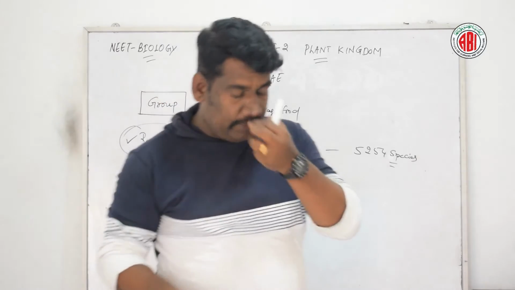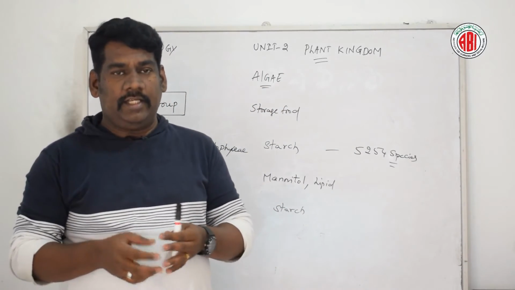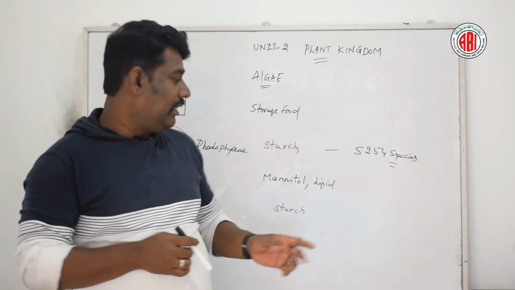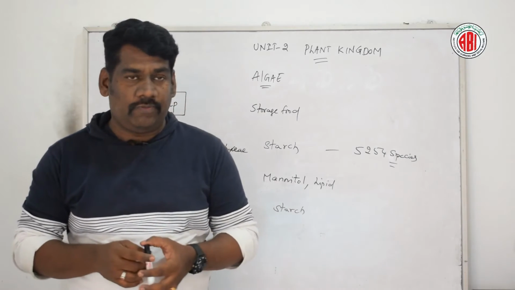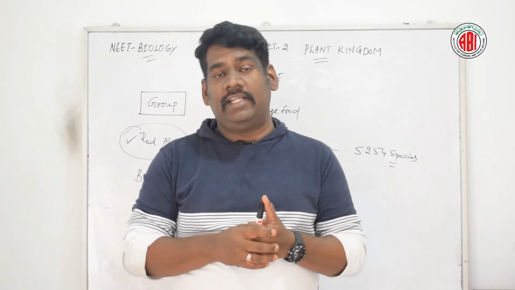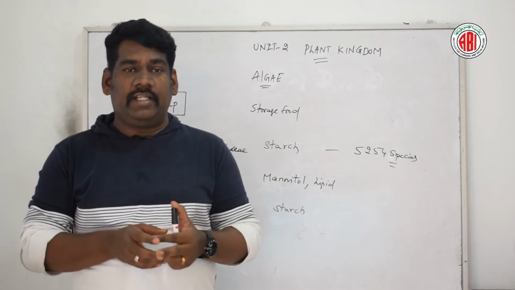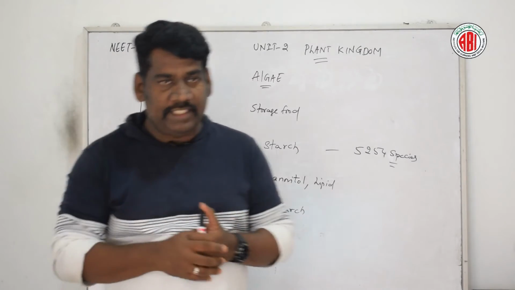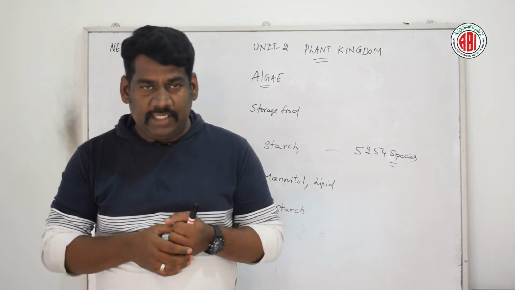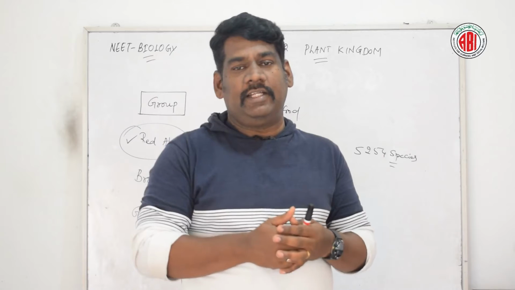Next, we are going to talk about the reserve food or storage product. The reserve food materials seen in the red algae are Floridean starch and floridoside. Then talking about flagella, flagellated cells are lacking altogether in red algae.